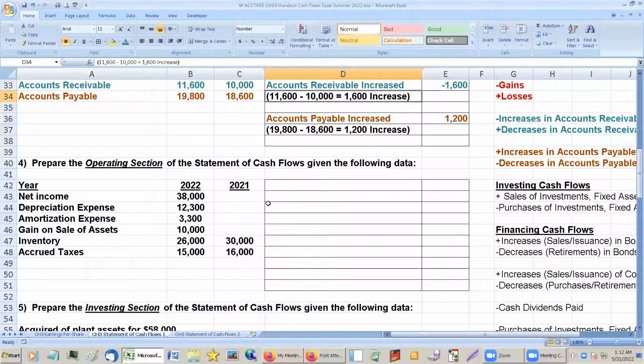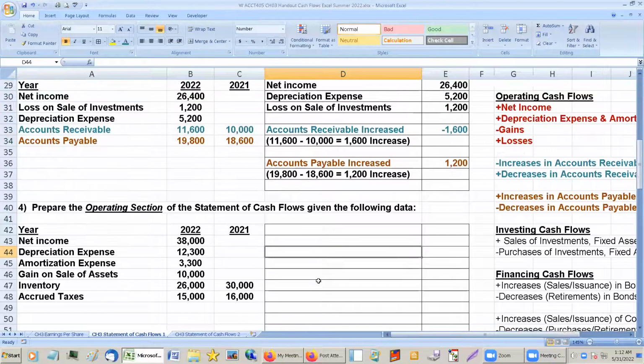Liabilities go in the same direction as cash. If you borrow money from the bank, you owe more money, your liabilities go up, but you have more cash, whatever cash you borrowed. How do you pay off those? You pay with cash. So if your liabilities go down, your cash goes down. The only way to get rid of the liabilities is to pay them. So it's kind of a weird way of thinking about it, but okay.